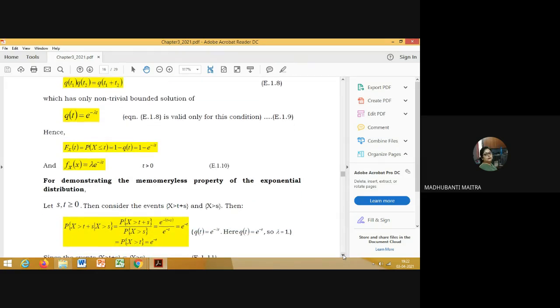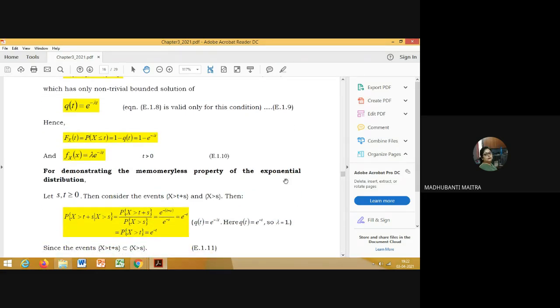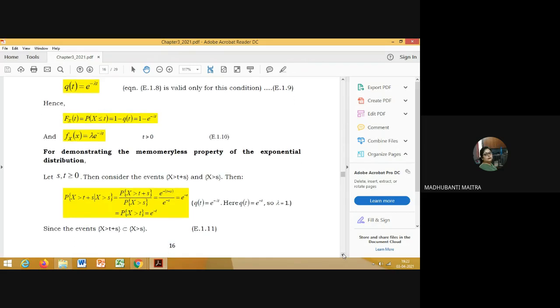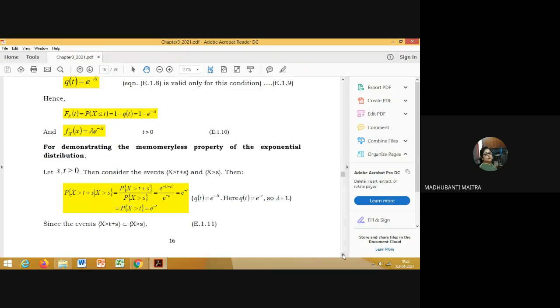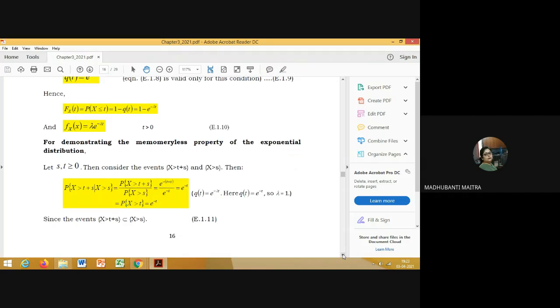Now, for demonstrating the memoryless property of the exponential distribution, let us assume two consecutive time intervals, s and t, and both are greater than or equal to 0. Let us consider two events. The first is X greater than t plus s, which means we are waiting for the first event to occur after t plus s units of time.